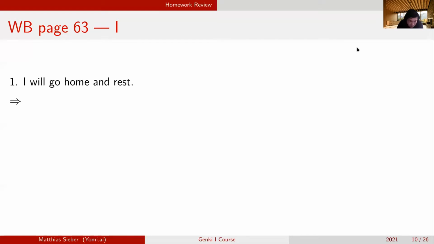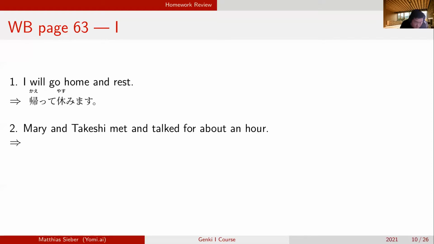Very good. To return home, right? So you can use iku, but then it's not clear that you're returning to your home. When you use kaeru, it will actually have the implication that you're returning to your home. So you can even make it shorter, saying kaette yasumimasu or nemasu, right? But it's correct to use as well.